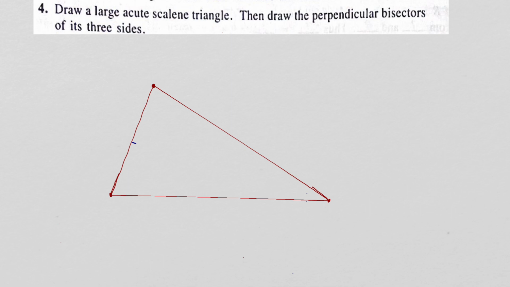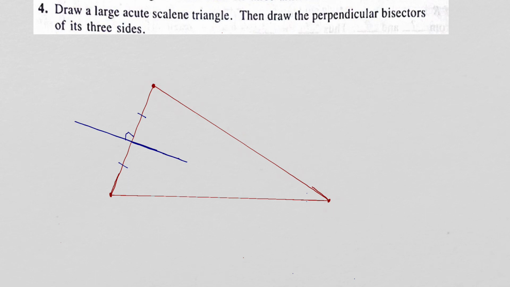So this right here would be my right angle. So this, let me extend it on either side, is a perpendicular bisector of this right here, because it bisects at a 90-degree angle, and these are exactly the same.